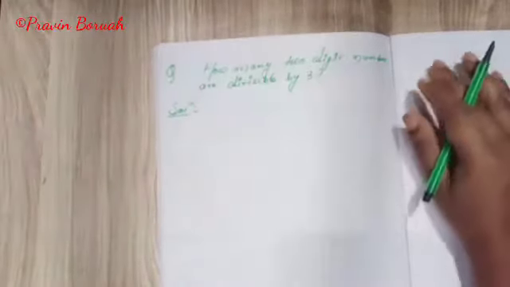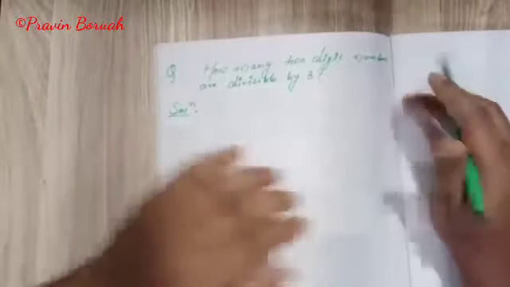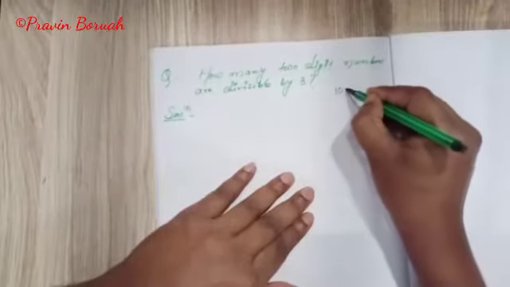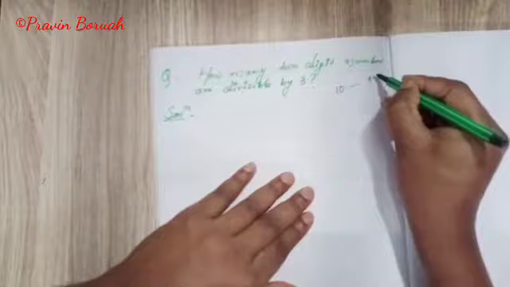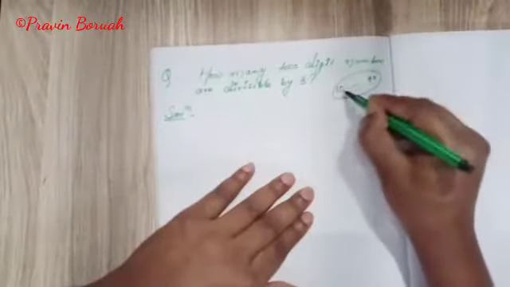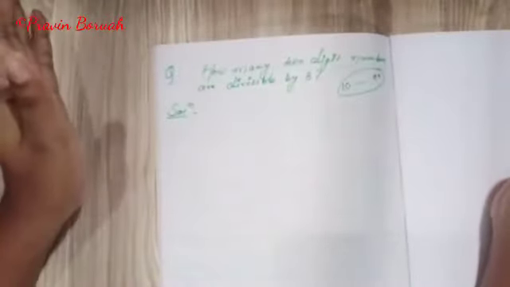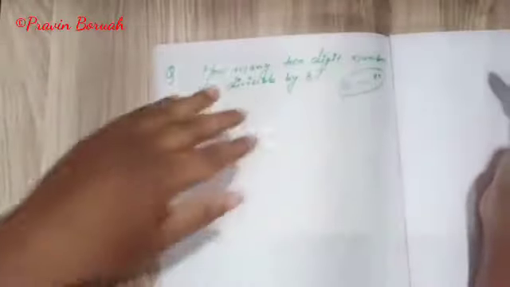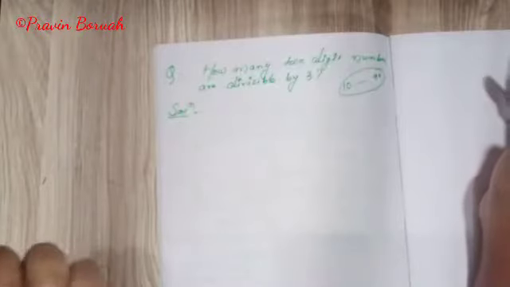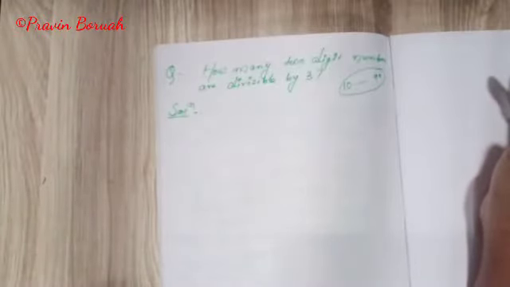You see, two-digit numbers start from 10, and end at 99. Many numbers are there in between: 10, 11, 12, 13, 14, 15, 16, 17, 18, 19, up to 99. Now out of these two-digit numbers from 10 to 99, how many are there which are divisible by 3?